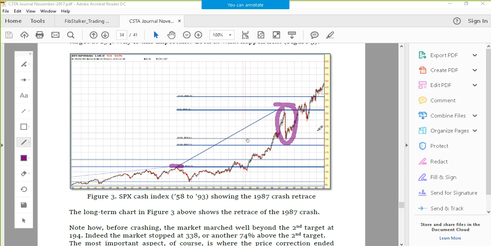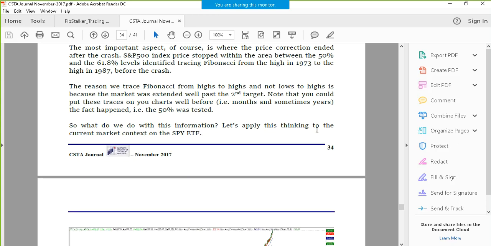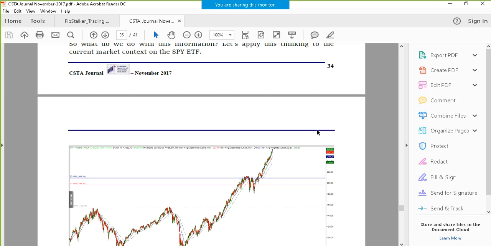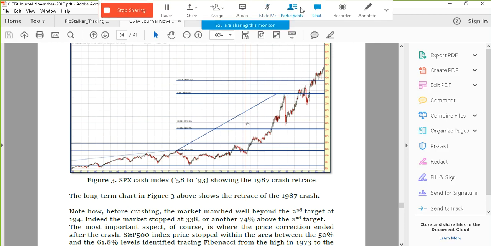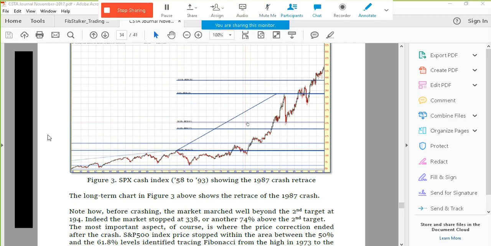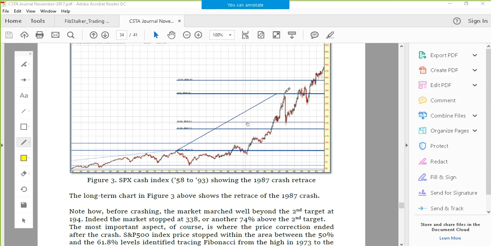The important observation is that before putting that high in 1987, before the crash, the market hit, of course, the first and second target of that 50% measured move. So we are in a similar situation.